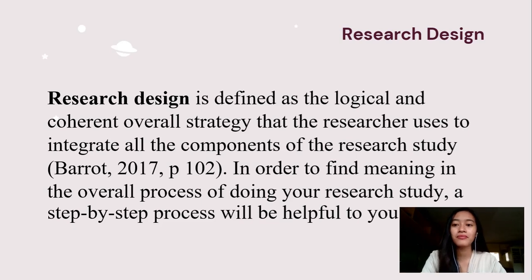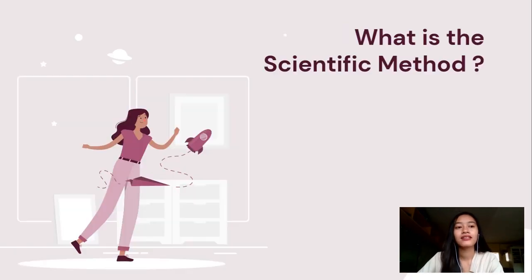In order to find meaning in the overall process of doing a research study, a step-by-step process will be helpful to you. But before we go to the step-by-step processes, let's familiarize ourselves with the basic concepts, the basic ideas behind research design. So first, let's go back to what is the scientific method.